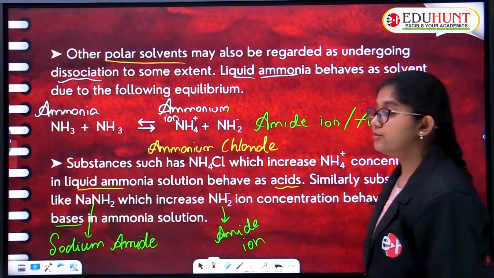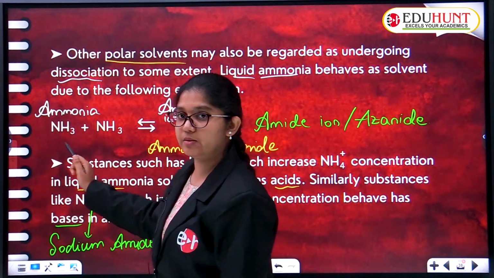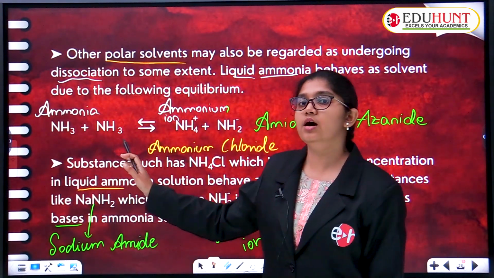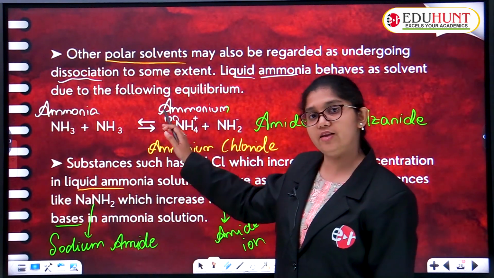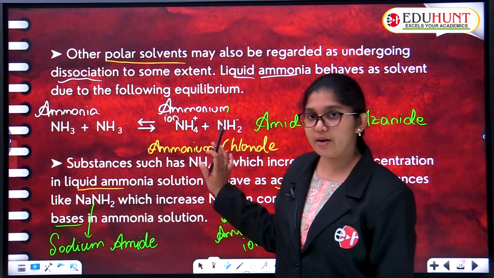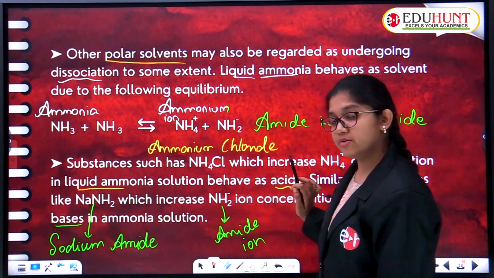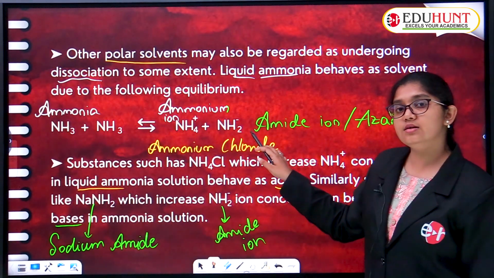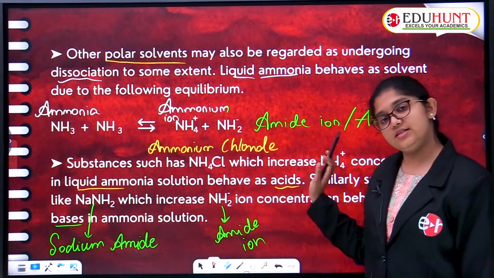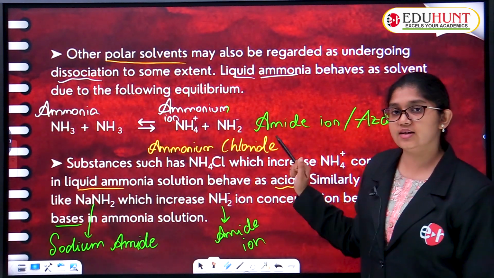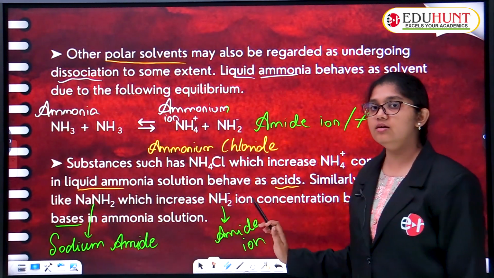Similarly, if we take two molecules of liquid ammonia, NH3 plus NH3, and there is liberation of ammonium ion, those substances are called acids. And if it liberates NH2 minus, the amide ion or azenide, those substances are regarded as bases in polar solvents.